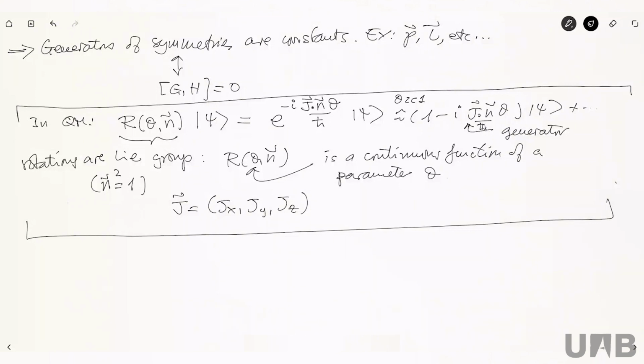That's a question of units. For me, H bar and the speed of light are unity, so I tend to forget about H bar. Other questions or comments? No. Okay.